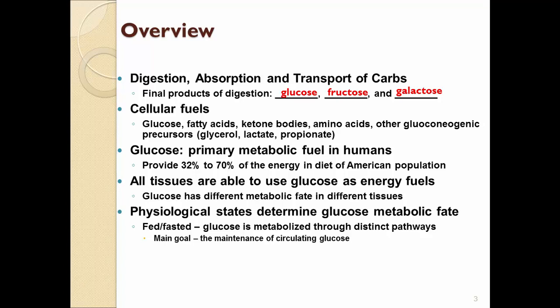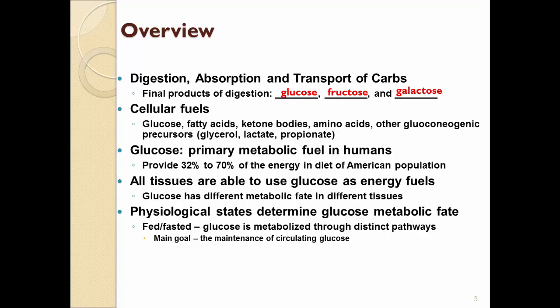And I just want to mention the glucose is the most abundant carbohydrate absorbed. They have much higher levels compared to the fructose and galactose. And the second important thing I want to mention is the cellular fuels. Our body needs energy, right?